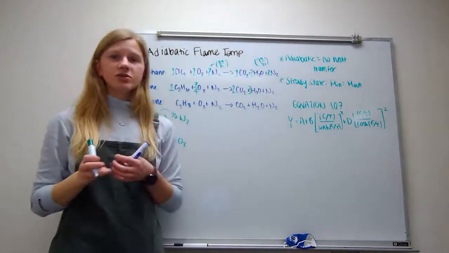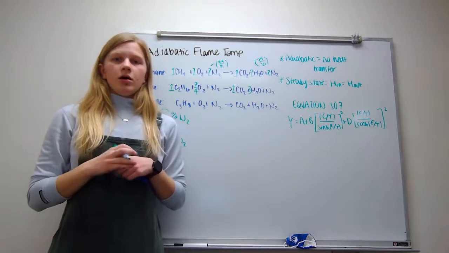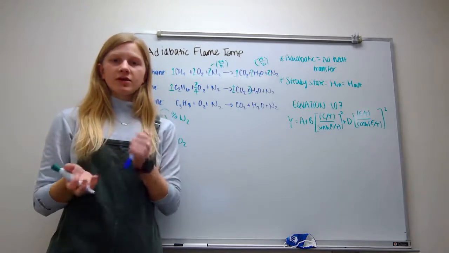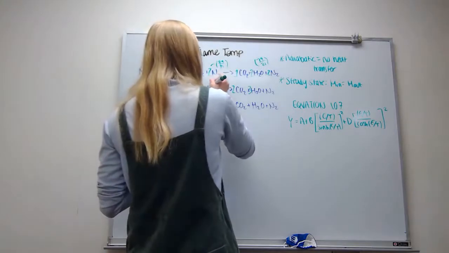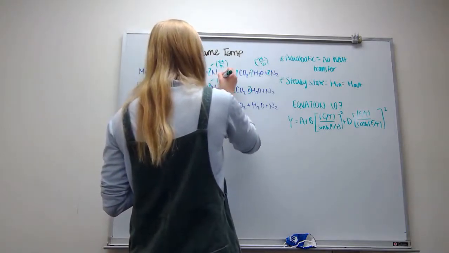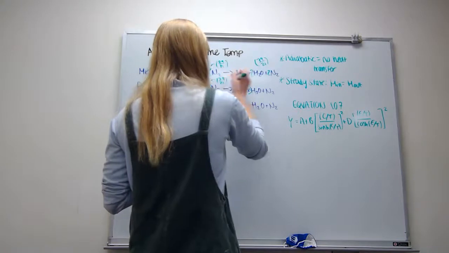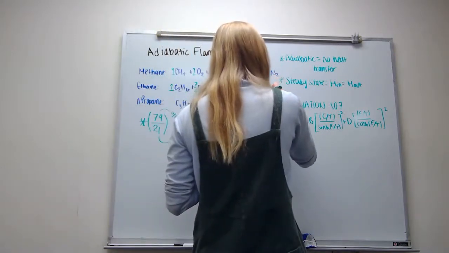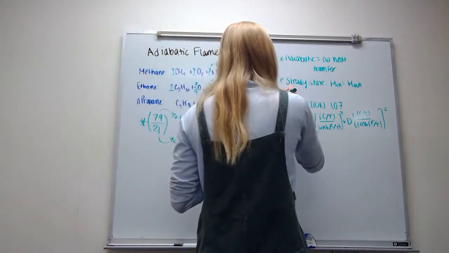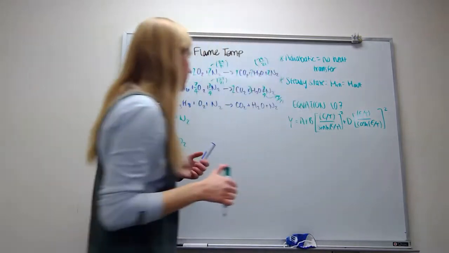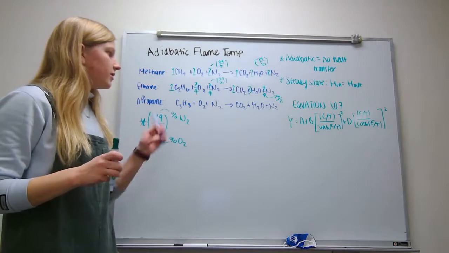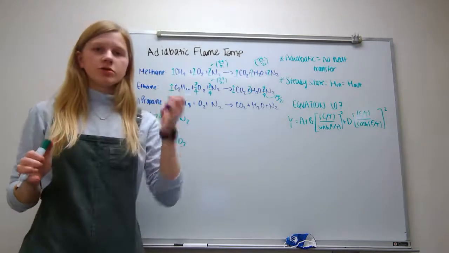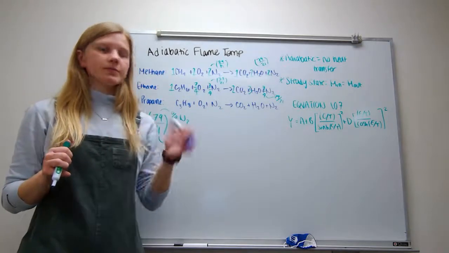And for our nitrogens, we're going to have 7 over 4 too. Okay, sorry it's getting a little messy, but we have 1, 7 over 4, 2, 3, 7 over 4.